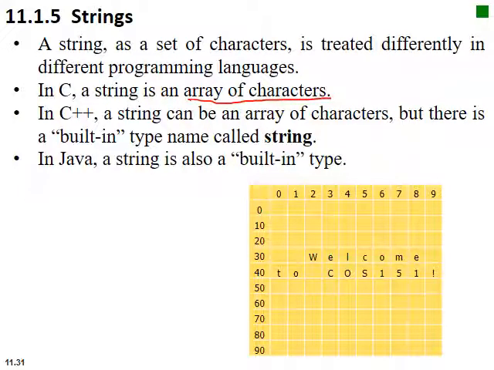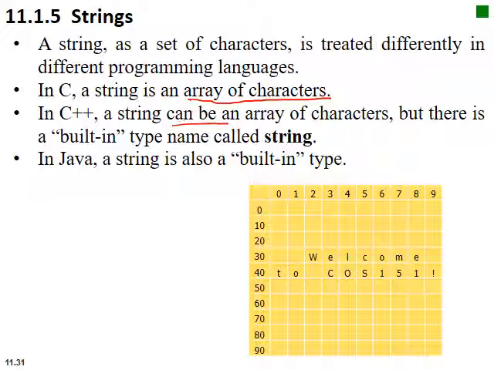It can also be treated as an array of characters in C++ as well as in Java, but we have built-in types for those. Just to give you an example of how we can store the string "Welcome to COS151!" in memory, it can typically be stored like this.